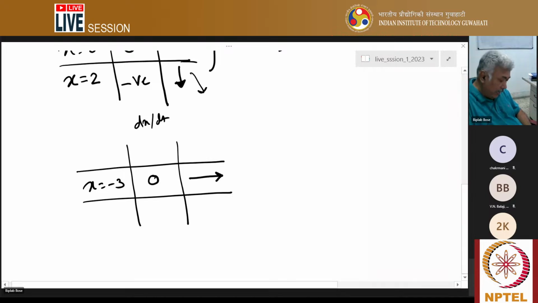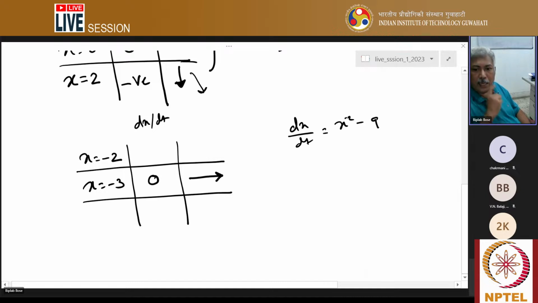So I will take x equal to -2. Again, my dx dt is x square minus 9. If I put -2 here as x, I get +4, and +4 minus 9 is a negative value. So my arrow should point down, towards the steady state.